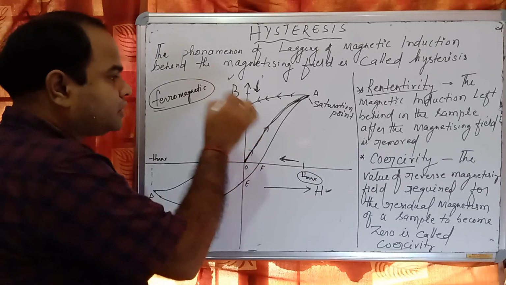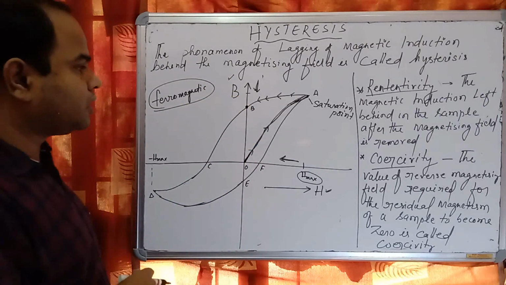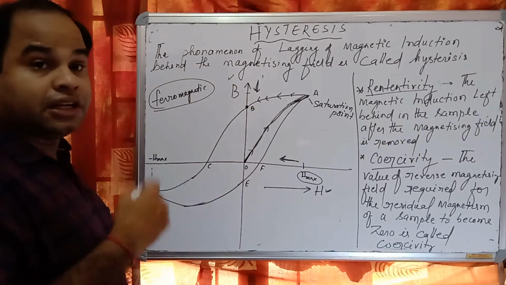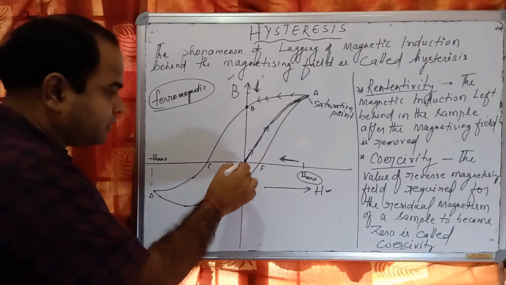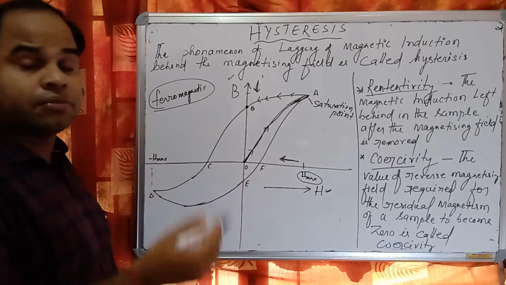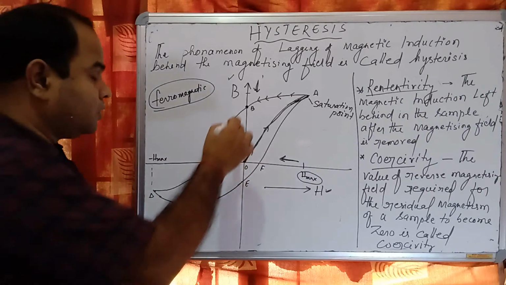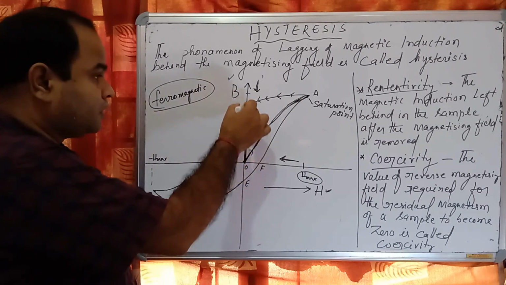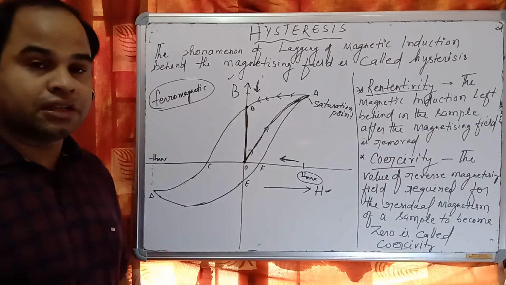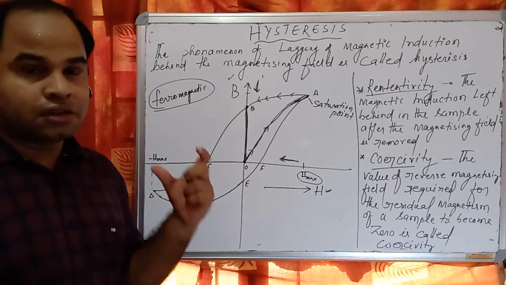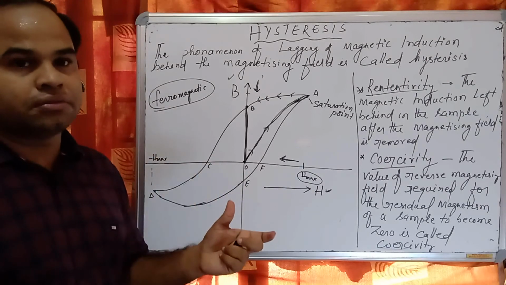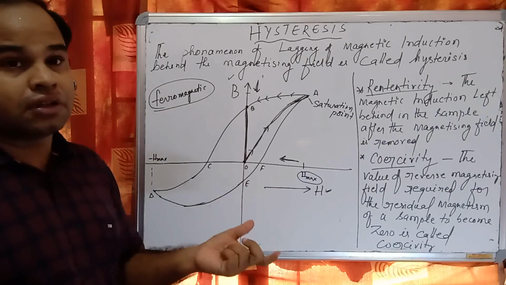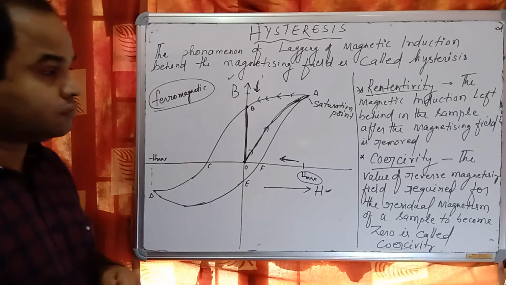Some induction will remain. The induction will not become zero. Some magnetic induction remains even after H becomes zero, and even when the external magnetic field is made zero, this much value of induction remains. This is called residual magnetism. It is the magnetism that remains inside this ferromagnetic substance even after the magnetizing field is removed.